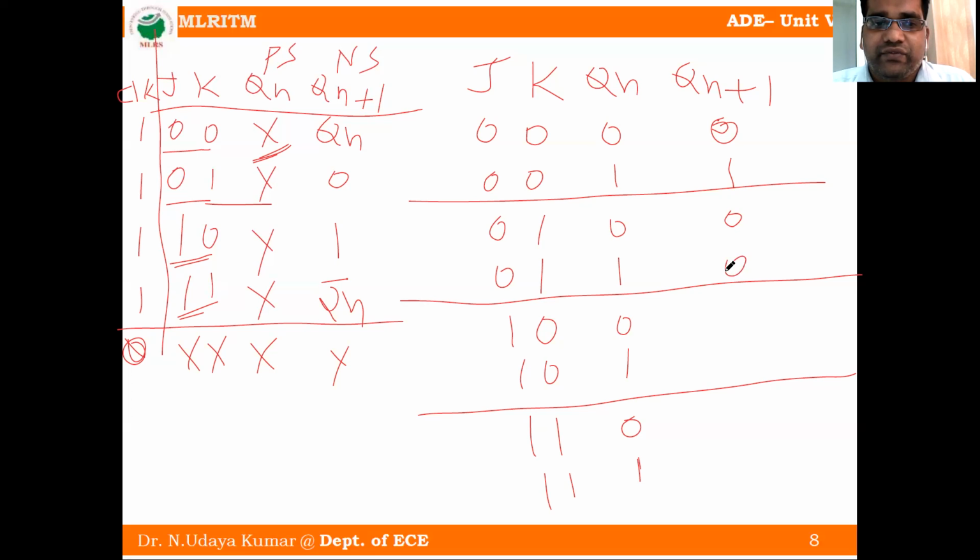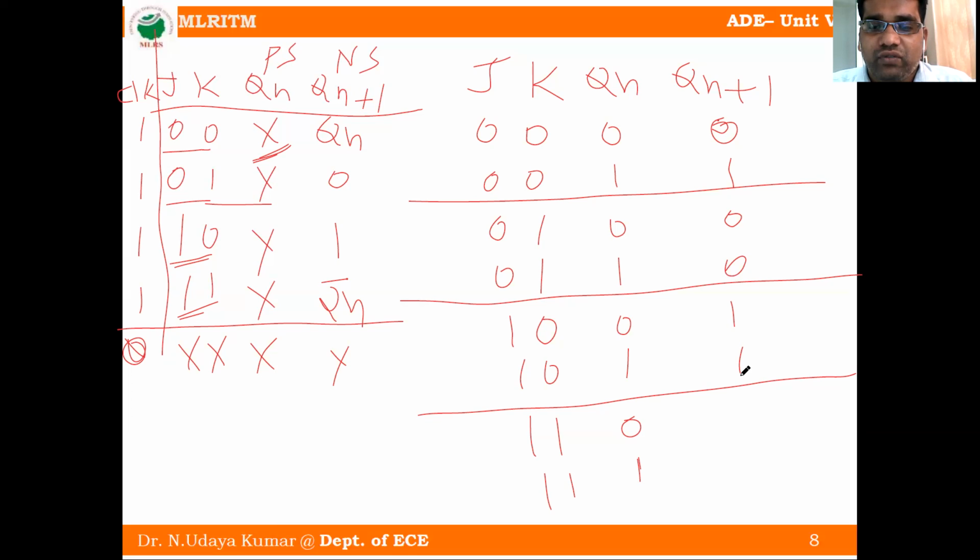Similarly, if the input of JK flip-flop is 1, 0, we will get set state. Set state means we are not considering the present state values. Set means we will get 1 as the next state. So here 1 and here 1.